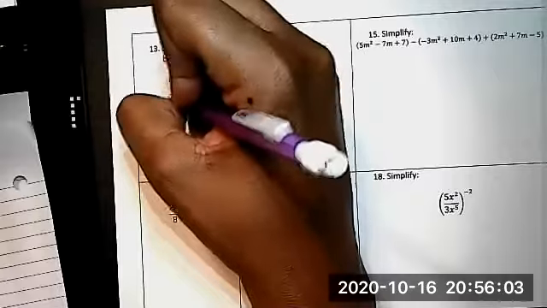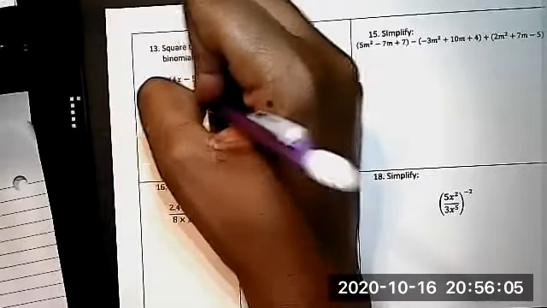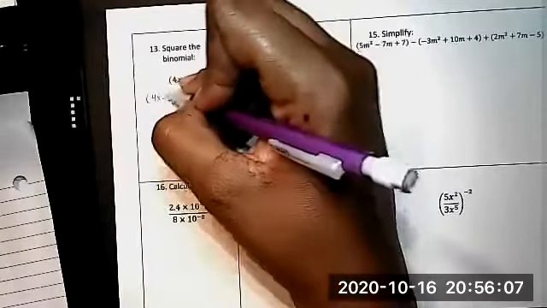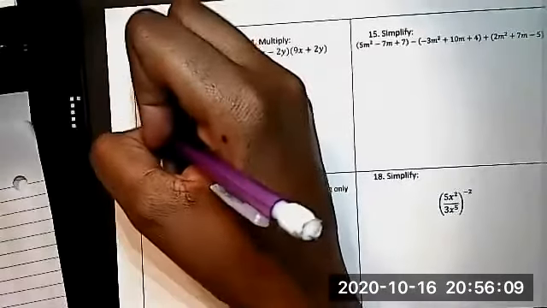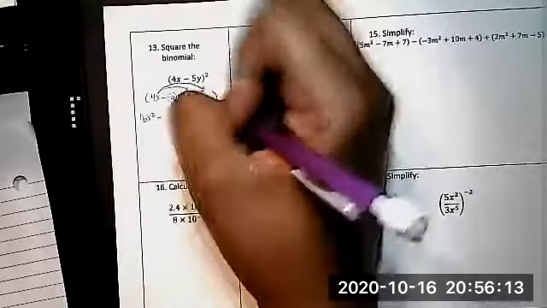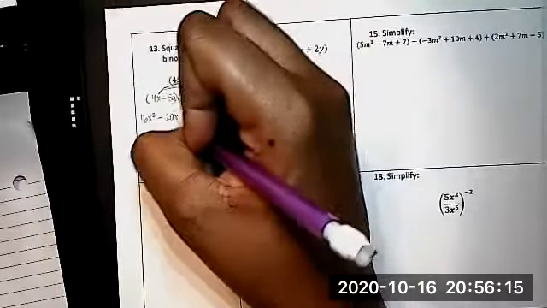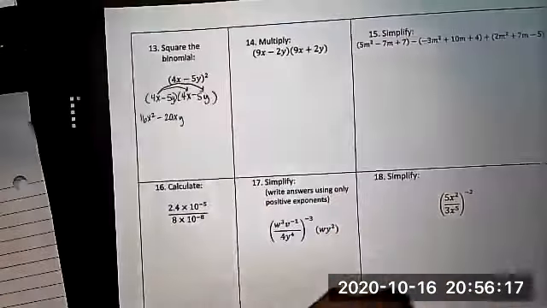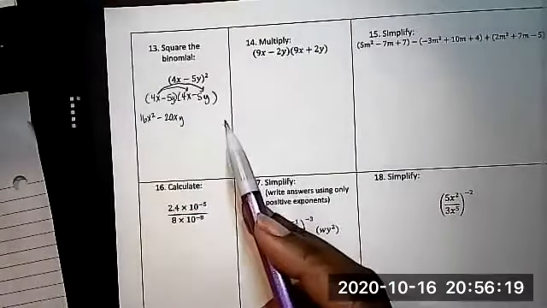So squaring the binomial, basically when you square something, you just multiply it by itself. 4x minus 5y and 4x minus 5y. Here you would FOIL. 4x times 4x is 16x squared. 4x times negative 5y is negative 20xy.